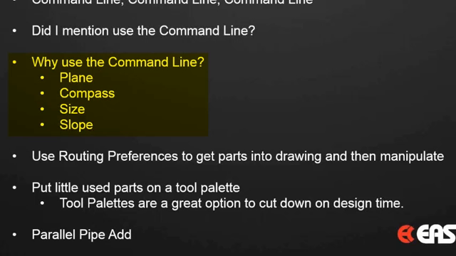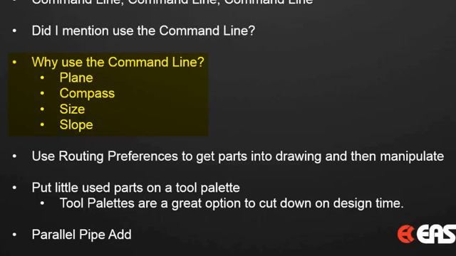It also allows you to type in the size as you're drawing pipe and just change your size on the fly, instead of running back to the property palette, using the drop down and changing the size there. Quickly you can use the command line and change the size on the fly, as well as the slope.